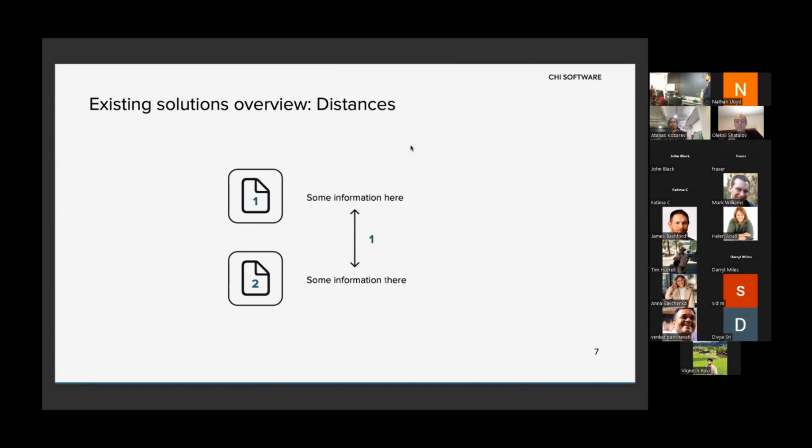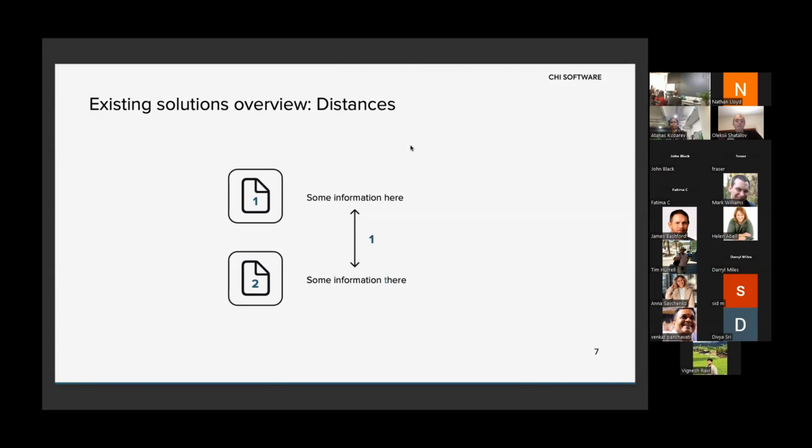The distances usually involve the different parts of the text as is. We take into account only the words or different sentences that have been written by someone, and measure the distances, the differences in writing these words.